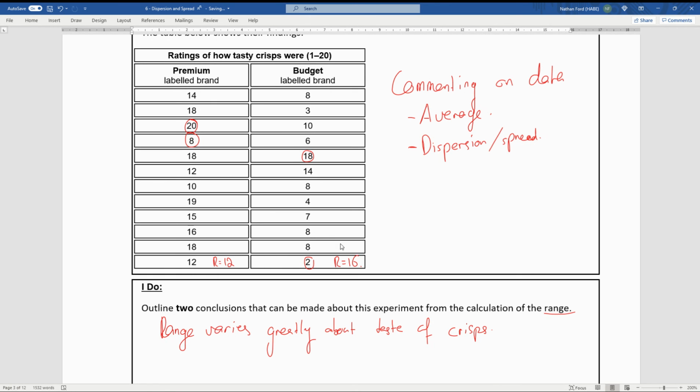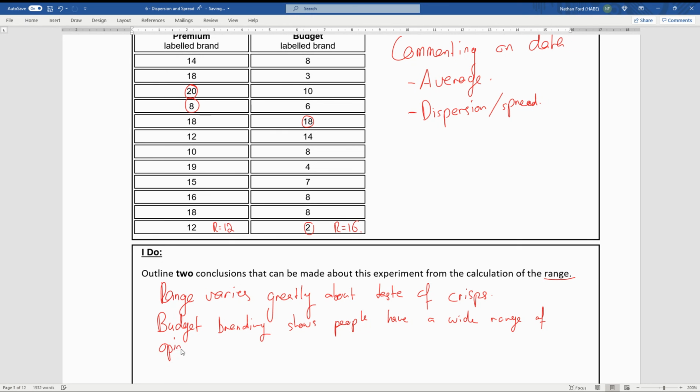So you would turn around and say, okay, so actually it's saying here that the budget branding shows people, so in this case, we're using context from the question, shows people have a wide range of opinions for taste of crisps, for taste of the budget crisps.